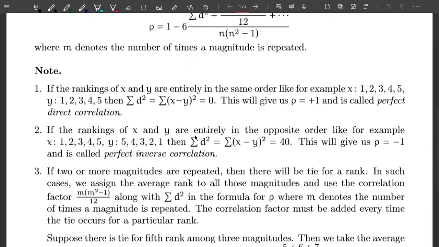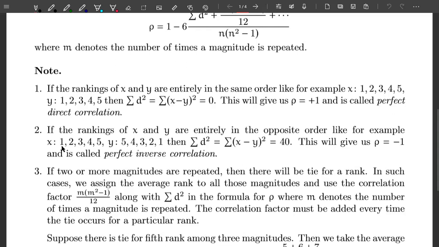Now if the ranks of x and y are entirely in the opposite order, for example, if you assign the ranks of x as 1, 2, 3, 4, 5, and the corresponding ranks of y are 5, 4, 3, 2, 1. So when x has rank 1, the rank of y is 5.